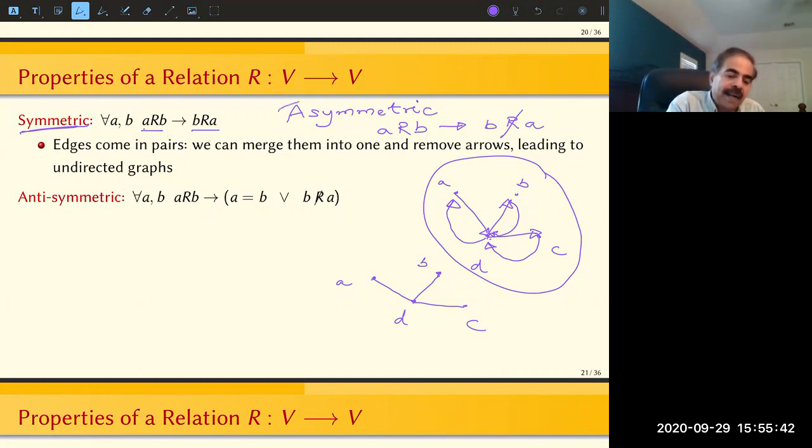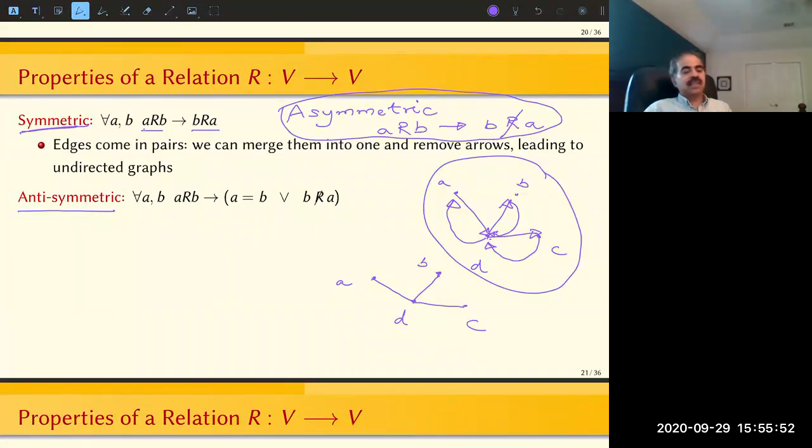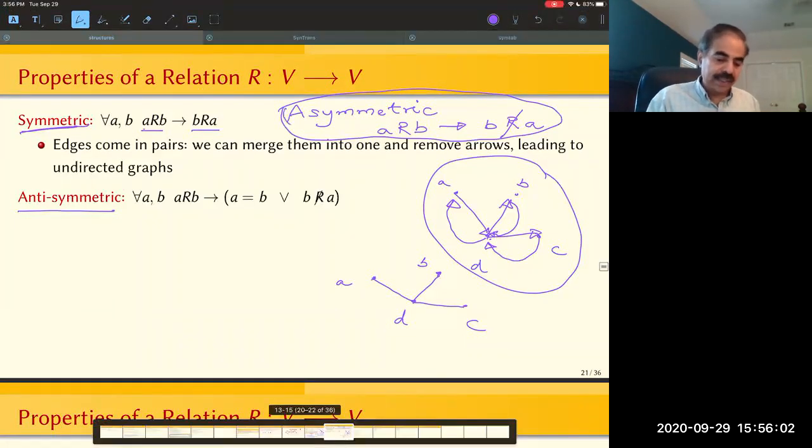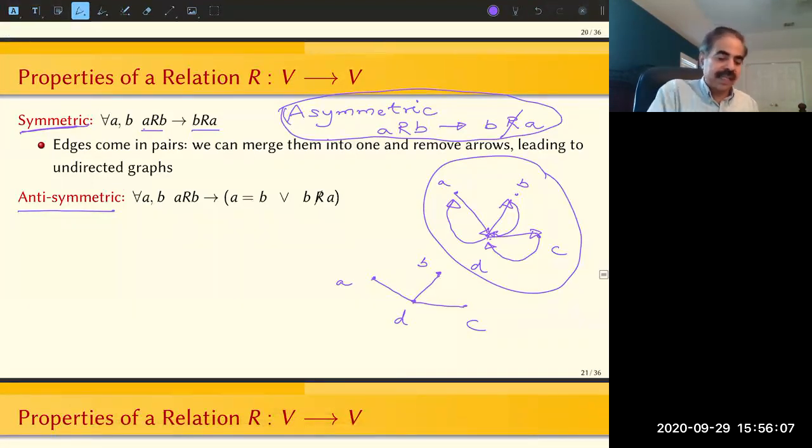But in practice, we don't often use asymmetry, but we instead talk about antisymmetry, which is a slight twist on asymmetry, because it gives you one exception to this rule, and that is in the case of self loops. It says that if A is related to B, then either B should not be related to A, or B and A are the same.